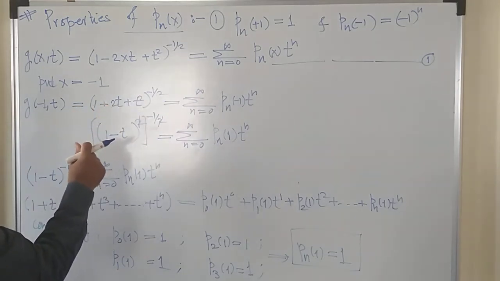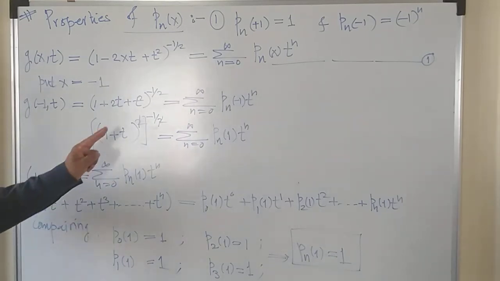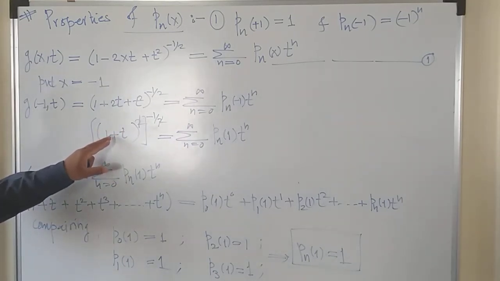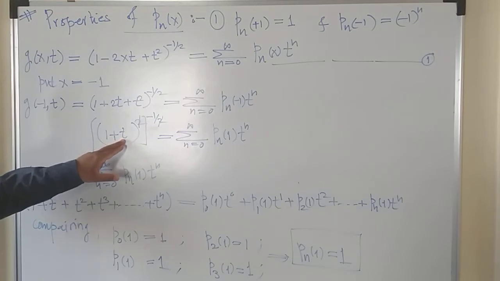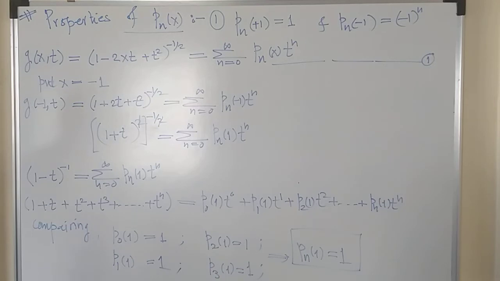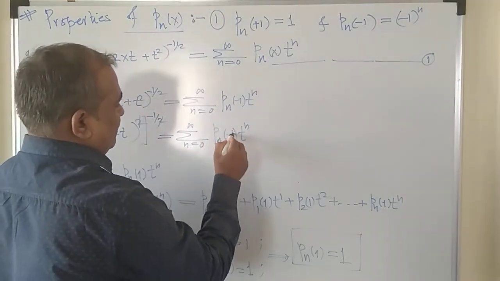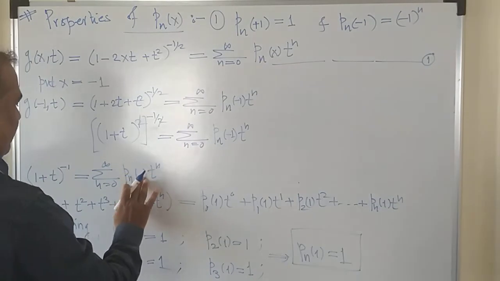It's the square of 1 plus t, right? 1 plus t whole square is 1 square, which is 1, plus t square plus 2t, raised to power minus 1/2. This 2 gets cancelled, and you will be left with 1 plus t raised to power minus 1, and this is Pn of minus 1.